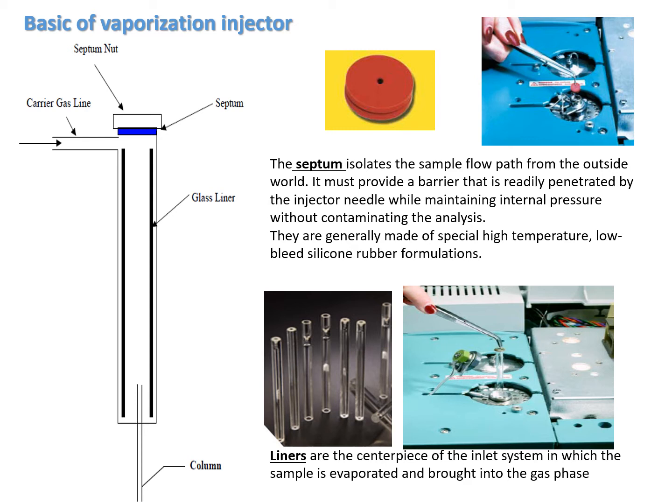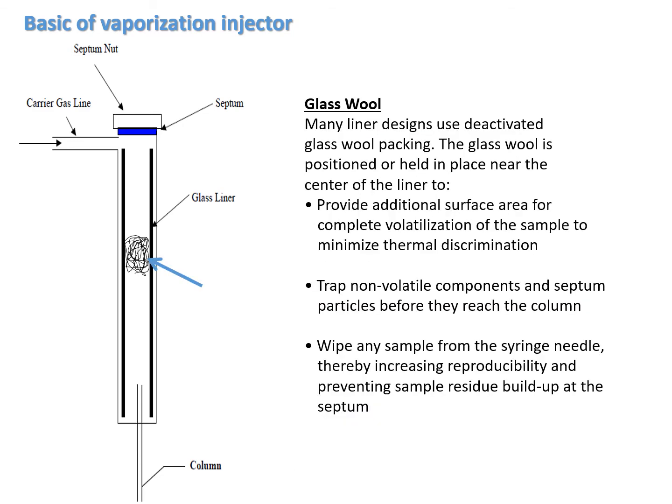Liners are the centerpiece of the inlet system, in which the sample is evaporated and brought into the gas phase. Many liner designs use deactivated glass wool packing. Usually, the glass wool will be in the center or held in place near the center of the liner.